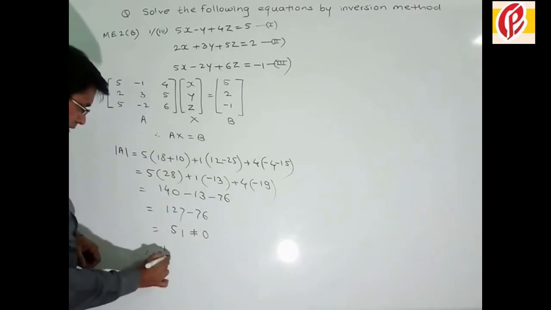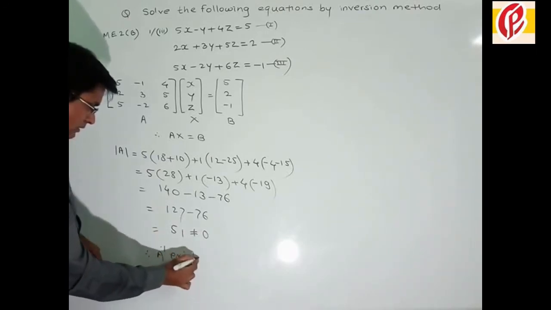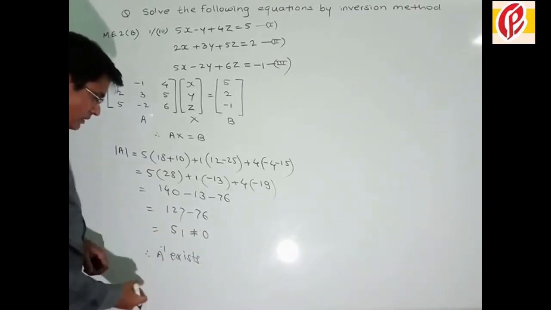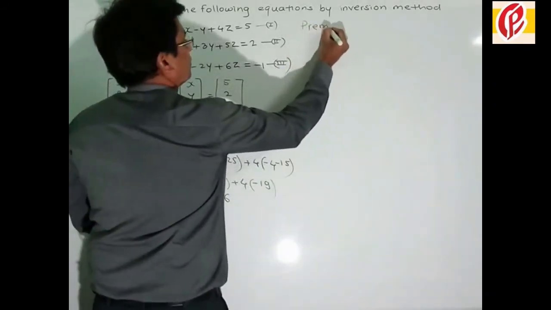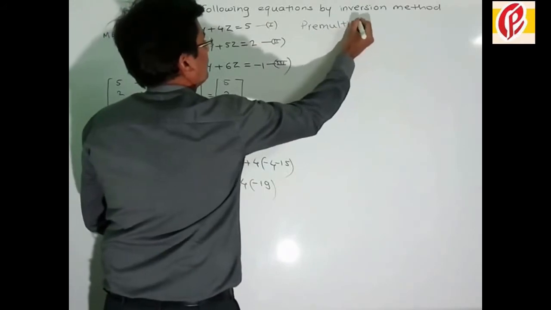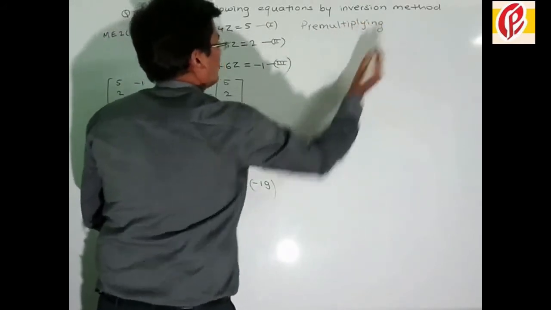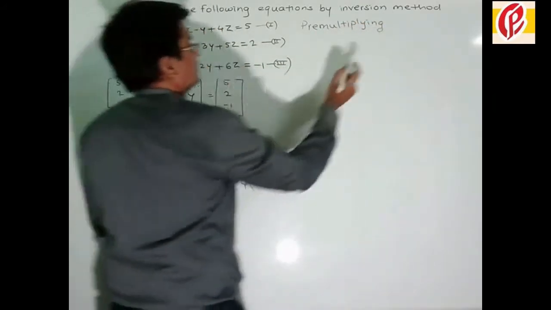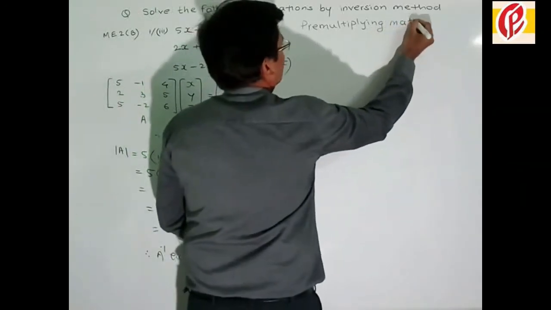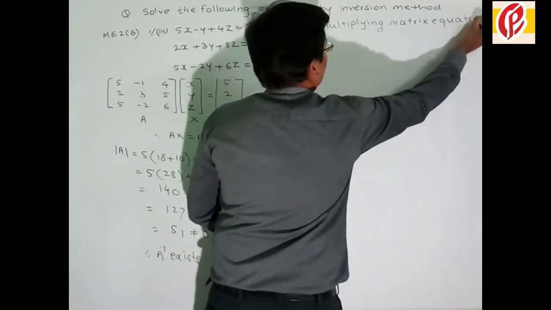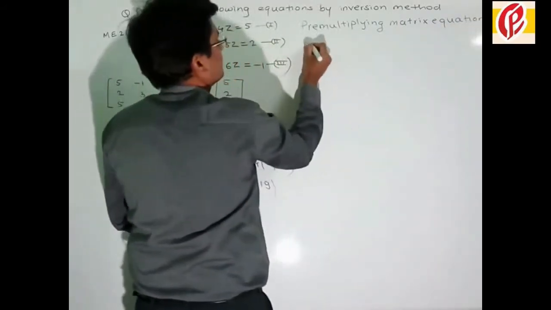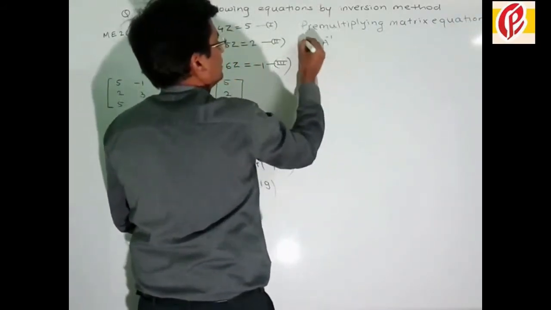Therefore A inverse exists. If A inverse exists, then the next step is multiplying the matrix equation by A inverse.